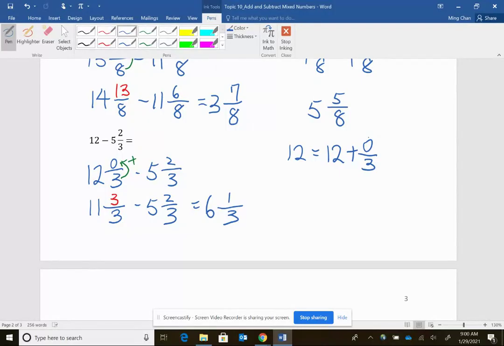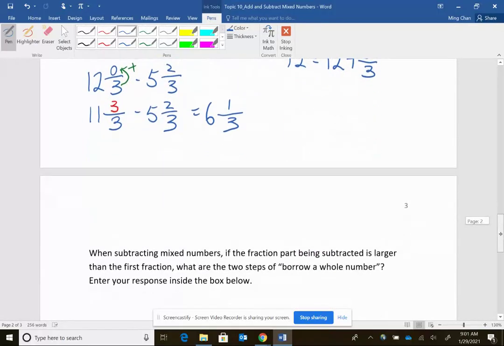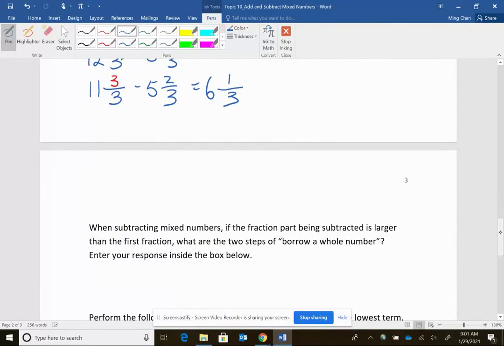Because you're actually taking a whole number and subtracting a mixed number. If you don't consider that the fraction part needs to be subtracted, that will be incorrect. So this shows that the fraction portion of the mixed number also needs to be subtracted. All right, so let's take a look at some of your homework problems.